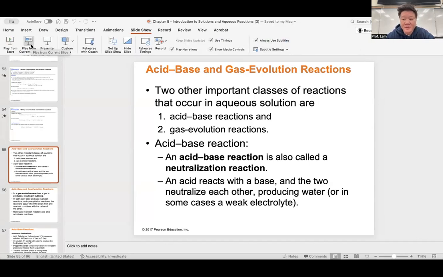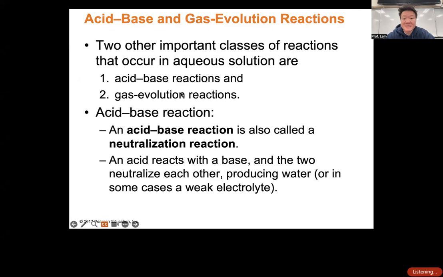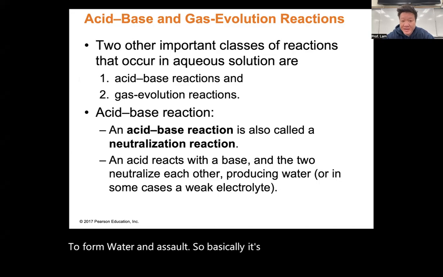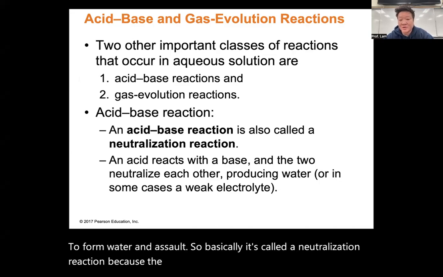It starts with H, which is the proton, H plus, followed by an anion, either a monatomic anion, which is a binary acid, or a polyatomic ion, and those are called oxoacids. So acid-base reactions is when an acid reacts with a base to form water and a salt. It's called a neutralization reaction because the acid and the base cancel out.